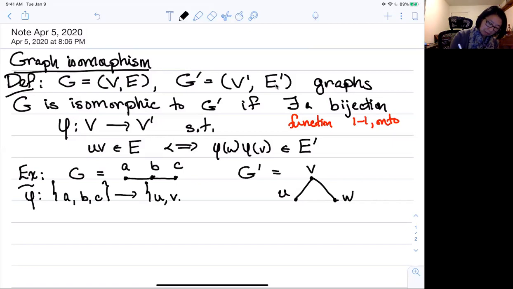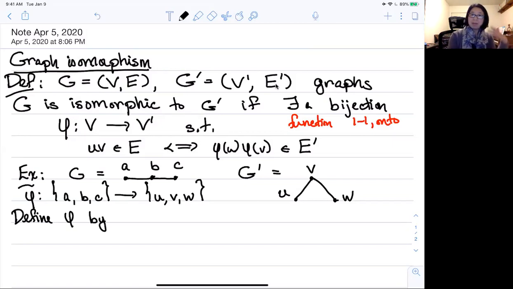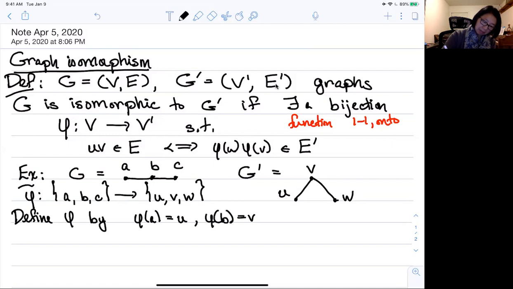So we'll define phi by, I have to tell you what phi of A, phi of B, and phi of C are. So phi of A is going to be U, phi of B is going to be V, and phi of C is going to be W, okay?